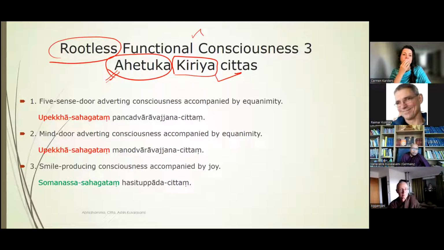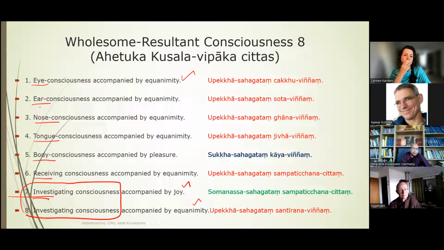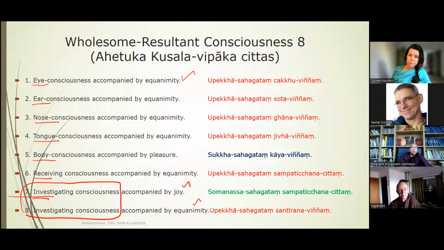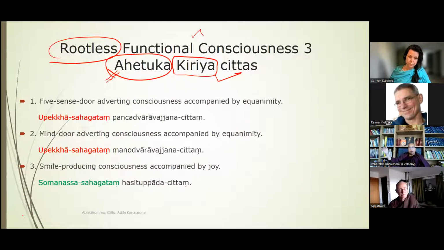The first Kiriya Citta is five sense door adverting consciousness accompanied by equanimity. The five sense doors are eye, ear, nose, tongue, body. This comes before eye consciousness, receiving consciousness, investigating consciousness, and other good or bad consciousness.